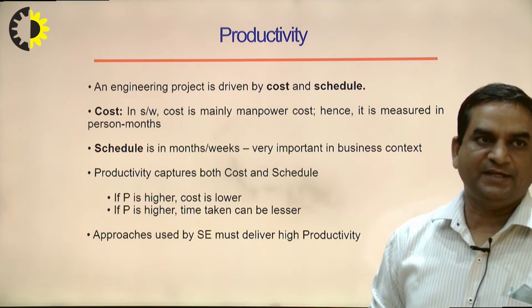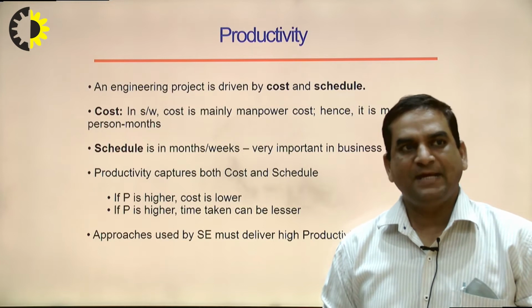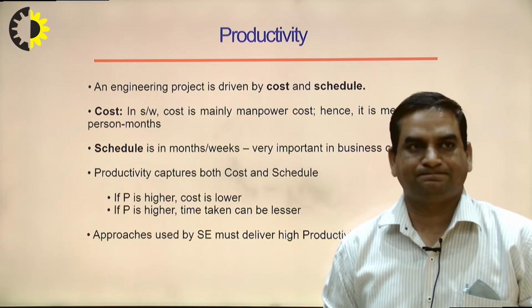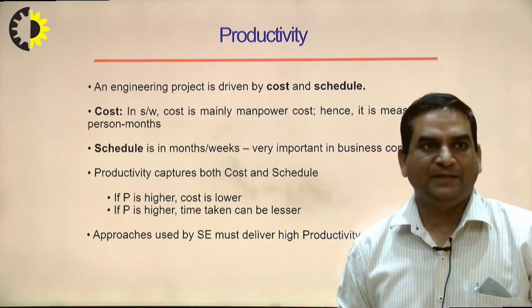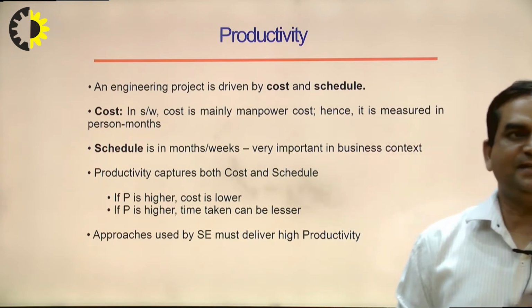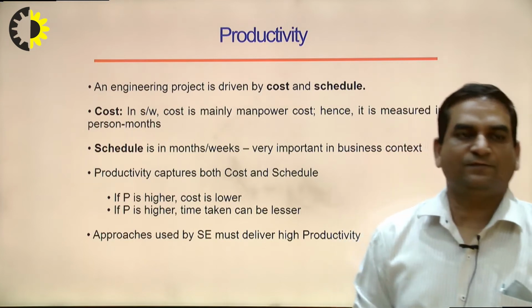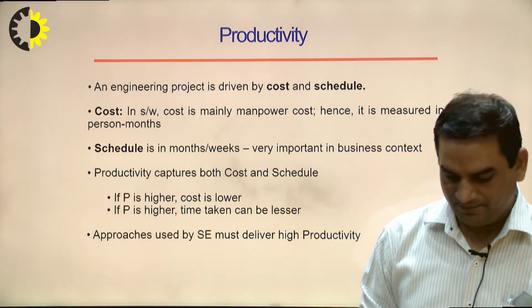Productivity captures both cost and schedule. If productivity P is higher, cost is lower, and the time taken can be less. So approaches used by software engineers must deliver high productivity.